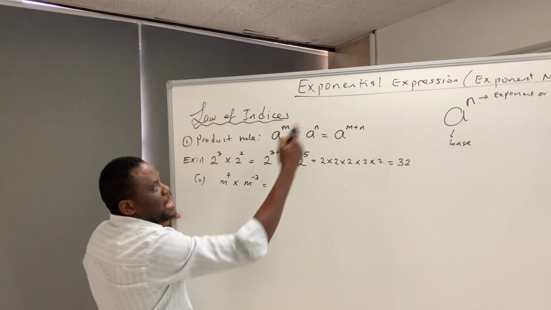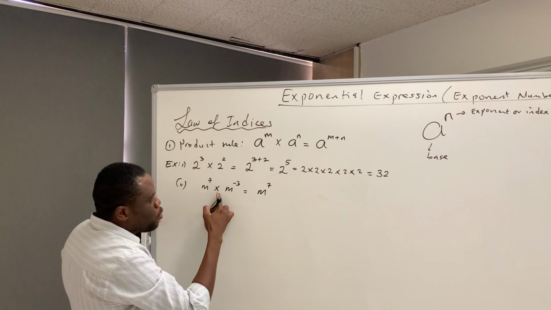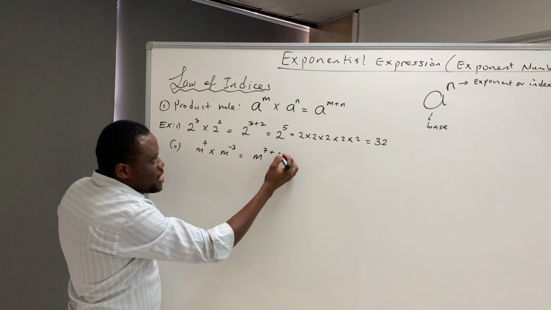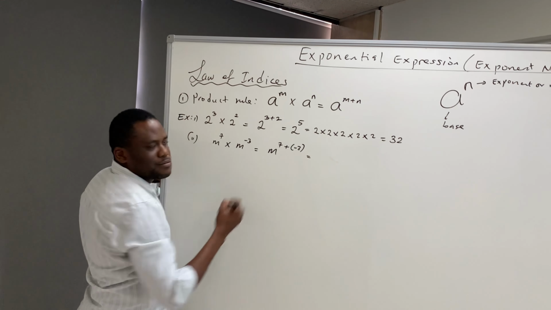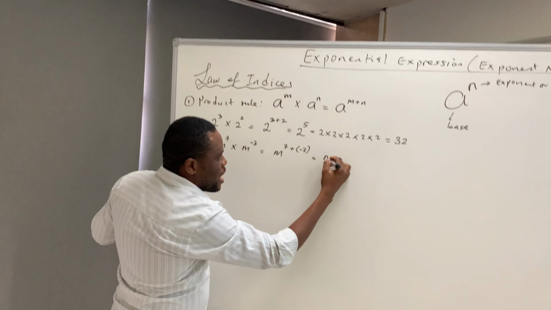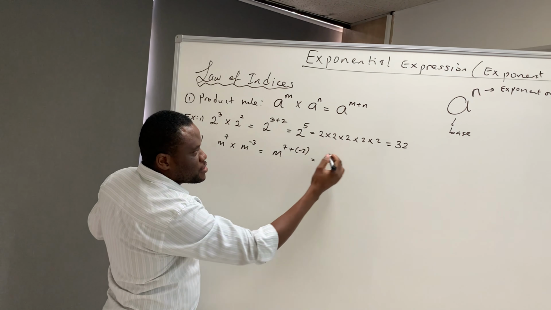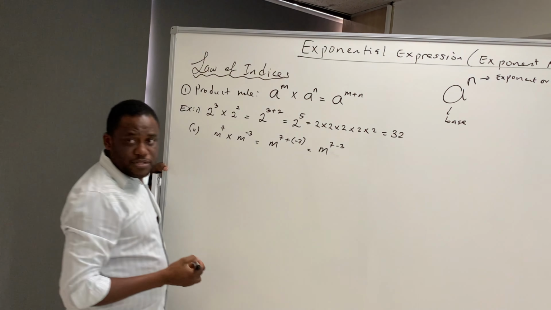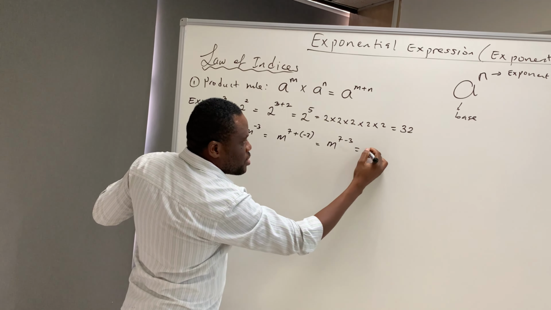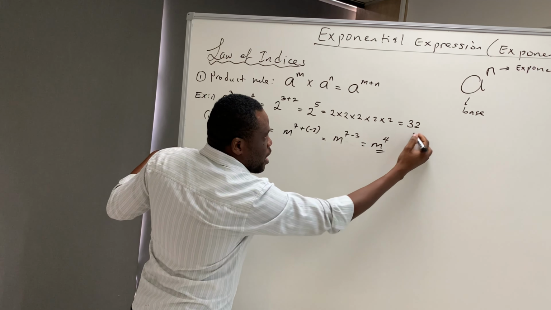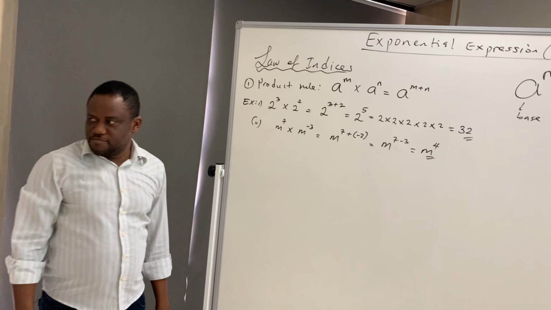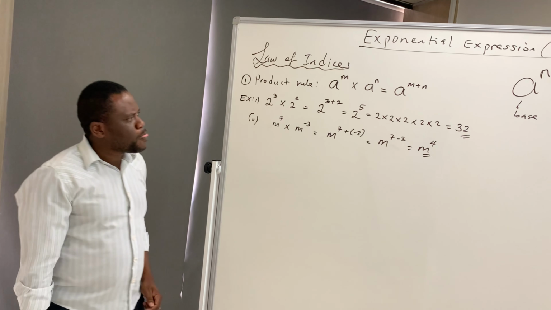What the law says, add the powers. So we have 7 plus minus 3, which is 7 minus 3, which is 4. So the answer is m to the power of 4. I hope we are together.